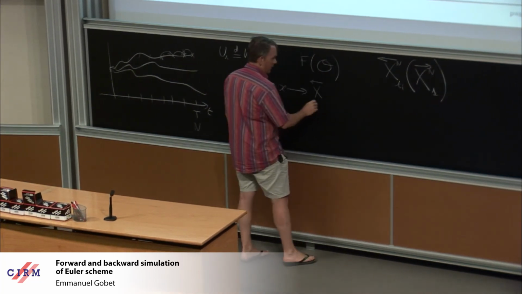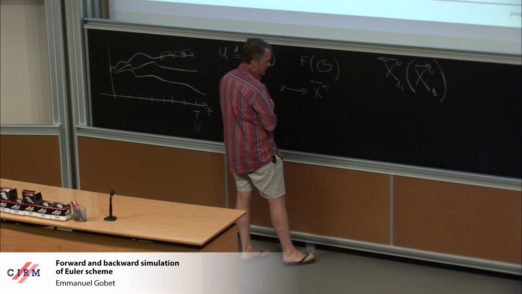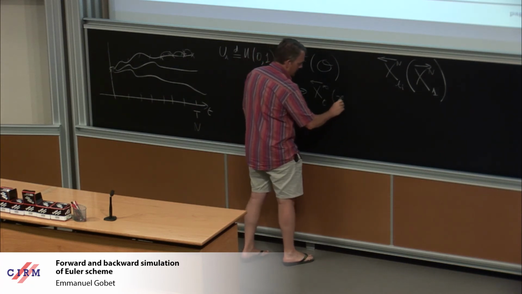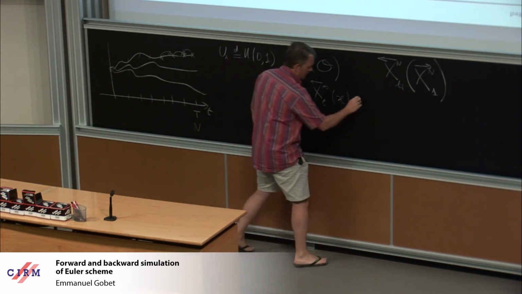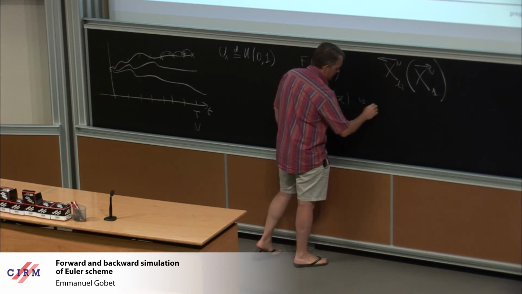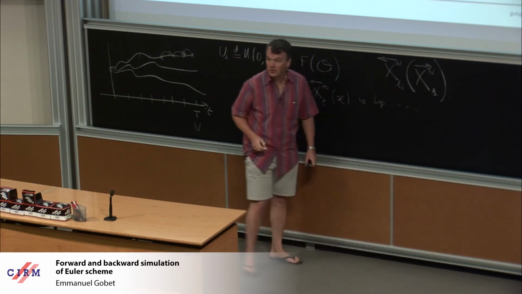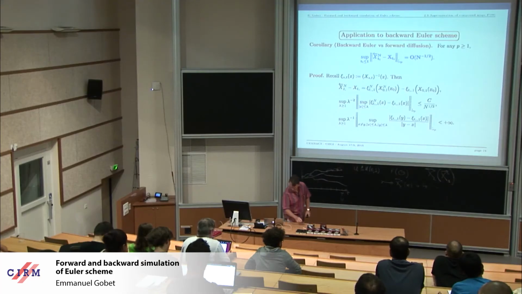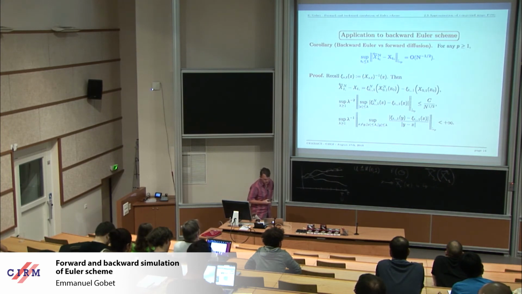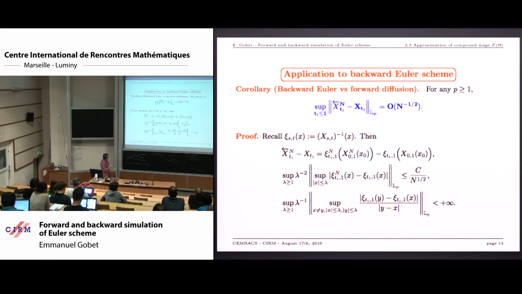If I use for the diffusion the same notation here, this map as a function of the starting point is very smooth, is Lipschitz plus other additional regularity, according to the regularity of the coefficient. So you are really in the position to apply the previous result. So in fact, just by regenerating backward the Euler scheme, you just maintain the same order of convergence between the initial process and the backward scheme. So there's no loss of accuracy.